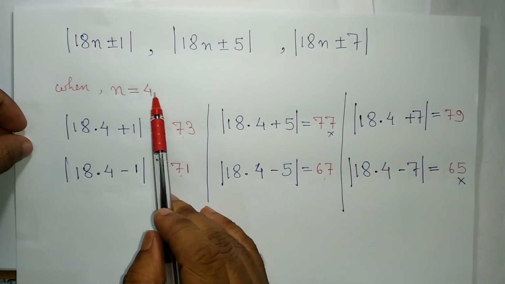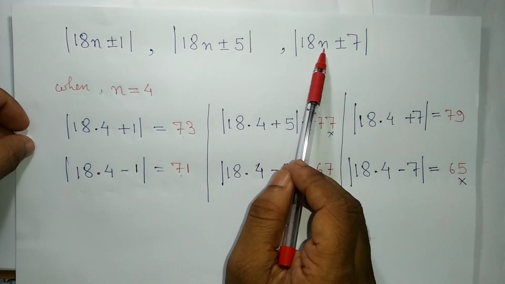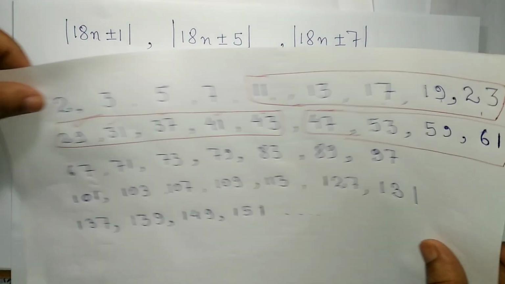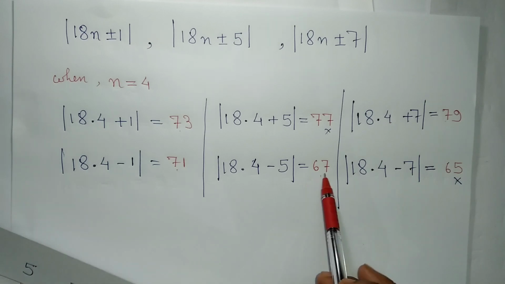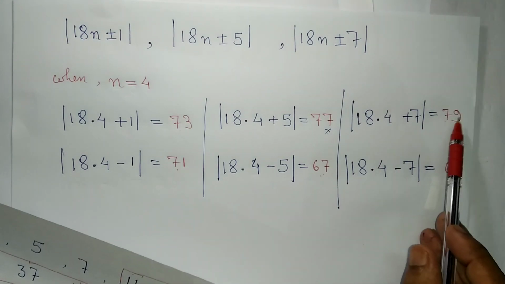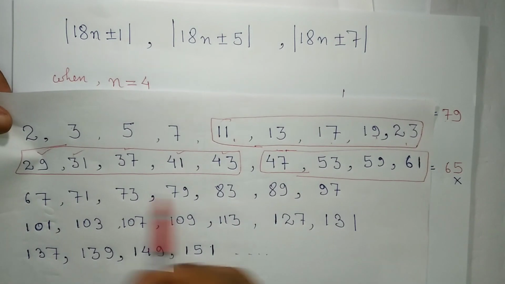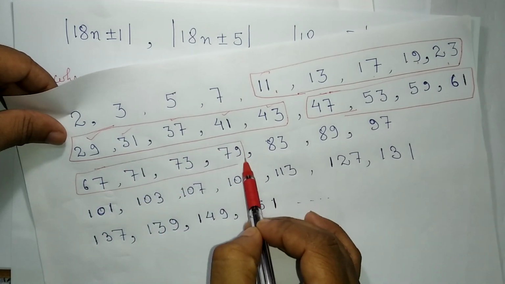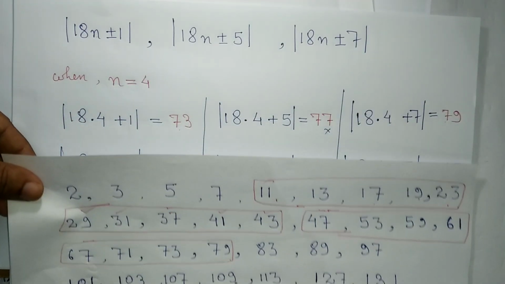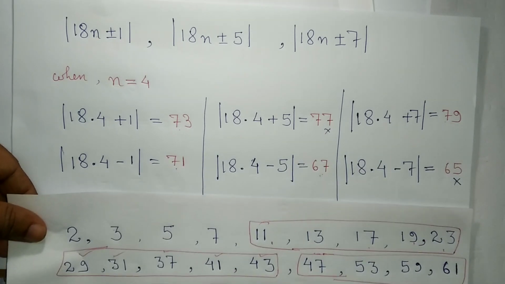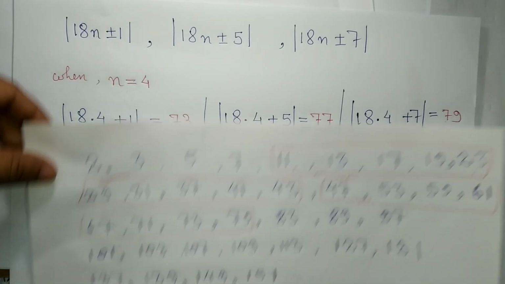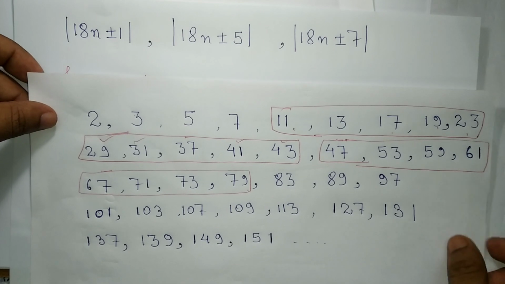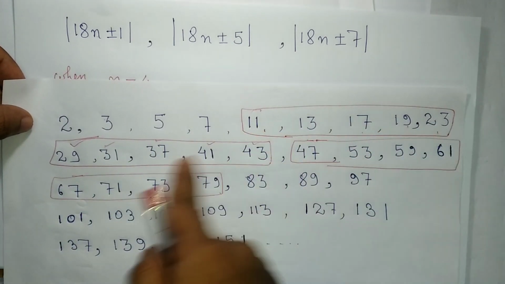Therefore, when n equals 4, again we can see in the prime number chart that from 67 to 79, the primes 67, 71, 73 and 79 are all covered here. Clear? And the most important and interesting thing here is that there is no escaping of a prime number through this formula. It covers all prime numbers that are greater than 10.